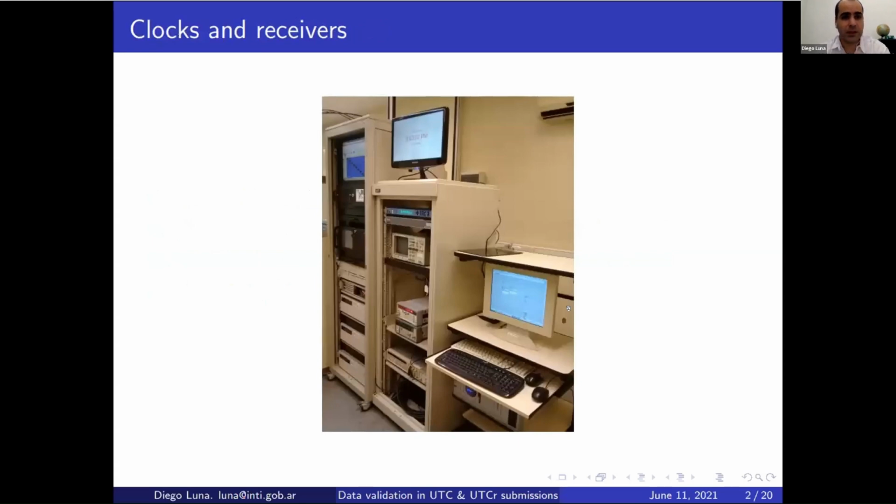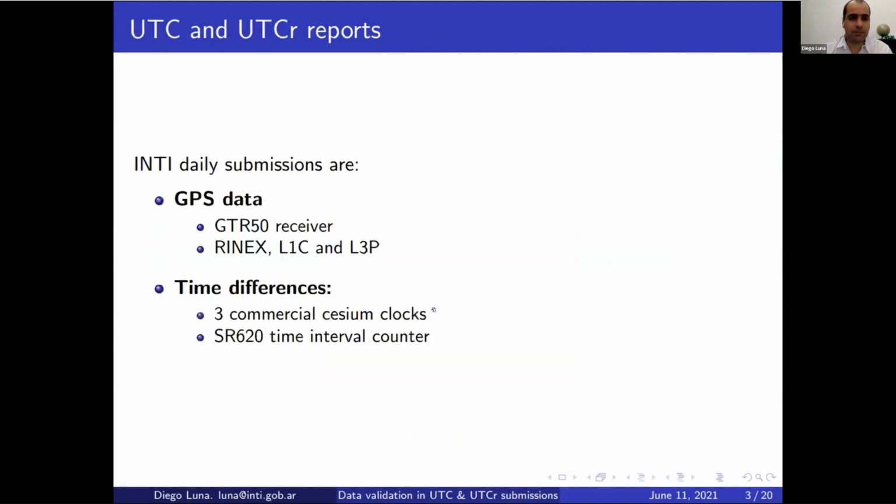So this is the room of the receivers. Here we see the 3 clocks we have, the different receivers we use, and some other measurement hardware. The daily submissions of INTI to UTC and UTCR generations are GPS data.